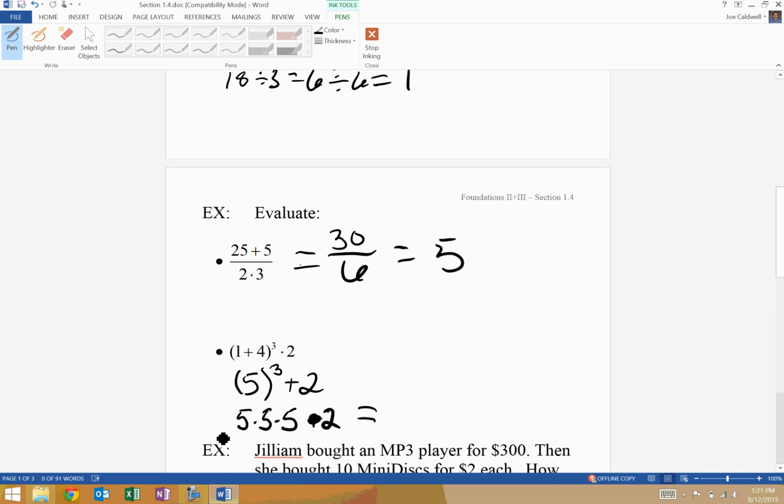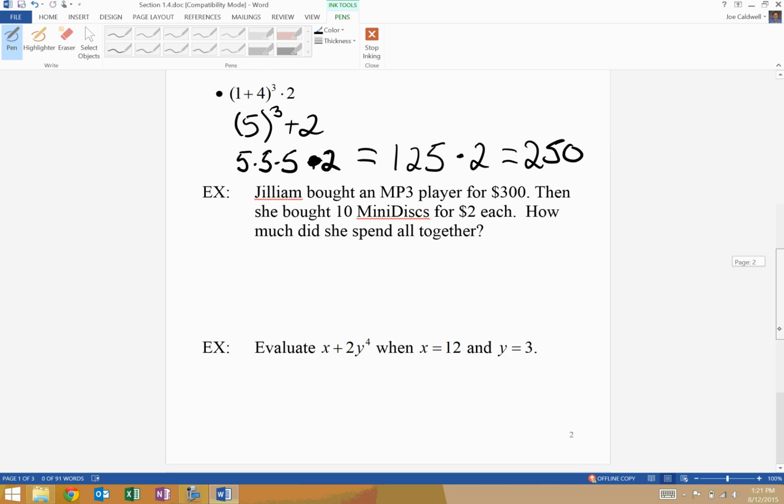Now I have a string of multiplication, so I can do that all together. 5 times 5 times 5 is 125, times that final 2 is 250. That's just using the order.